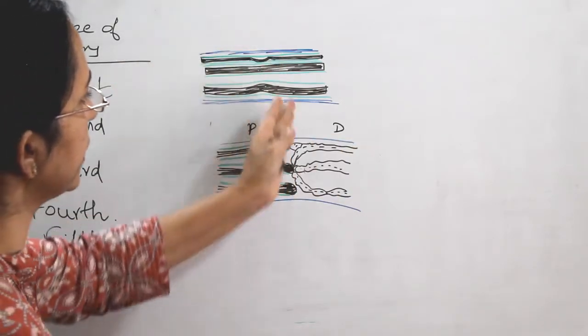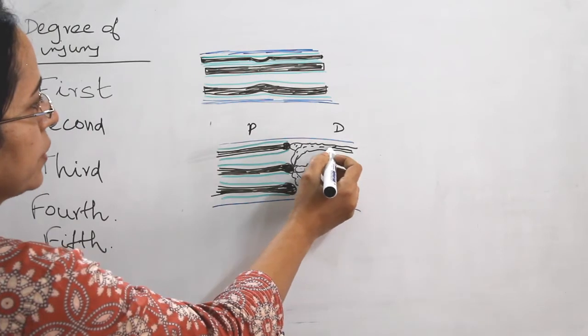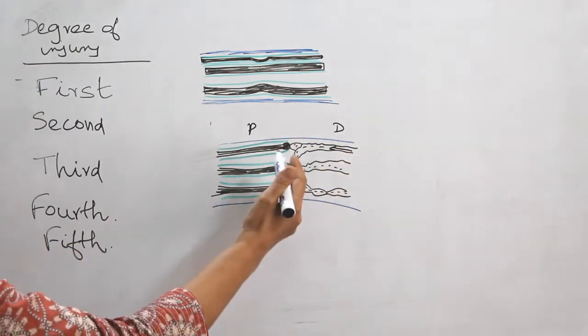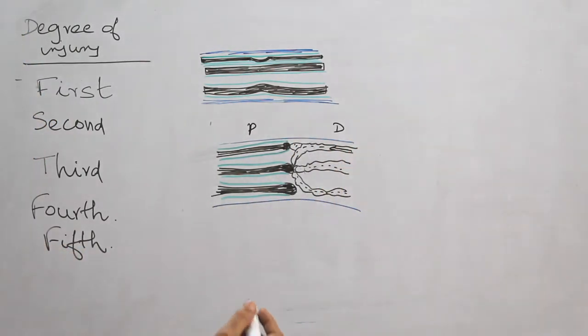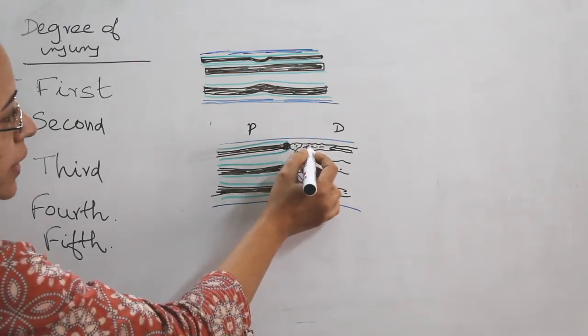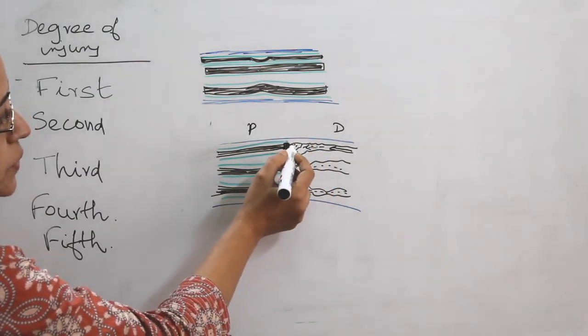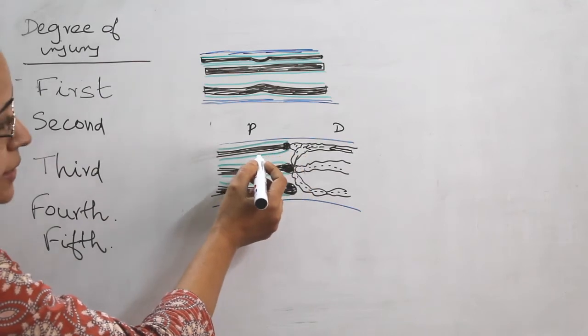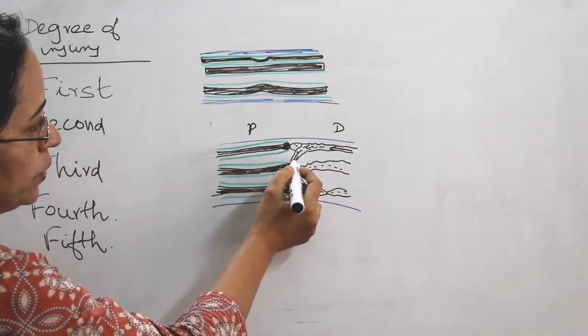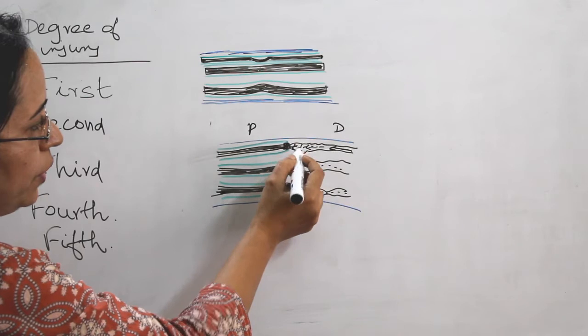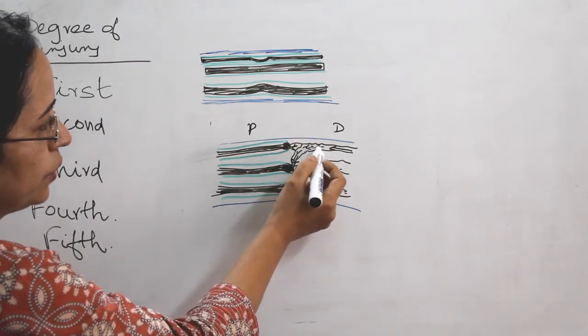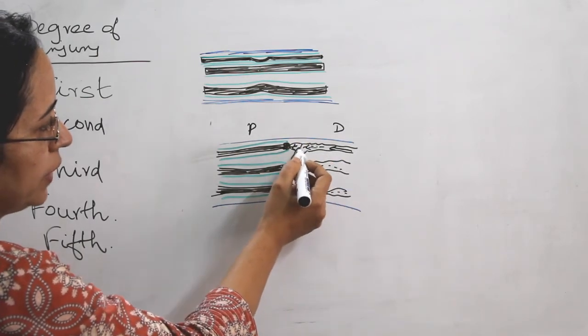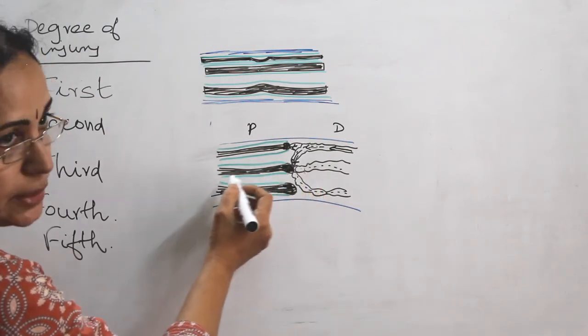If there is an injury here, as there is no endoneural tube around the growing axon, it will grow and at the end it will not come to the corresponding cut segment. It can either go to the other nerve tubule or it can split. So this axon, this tubule will come and innervate this tubule.